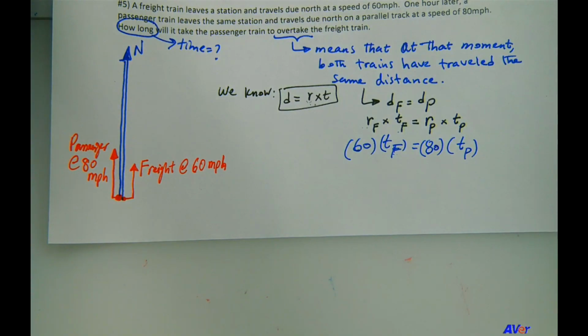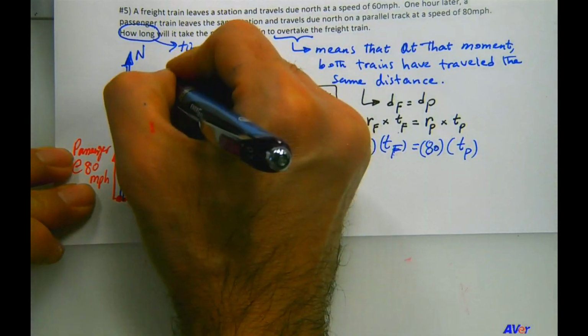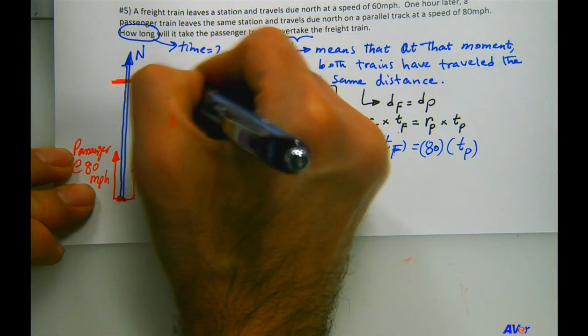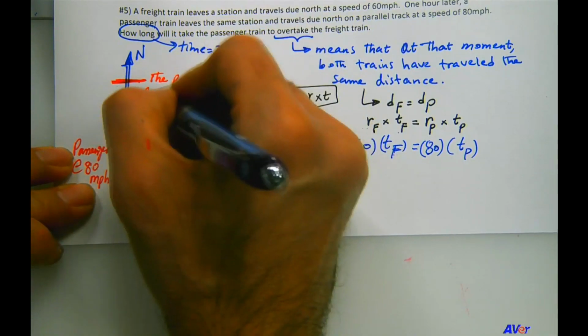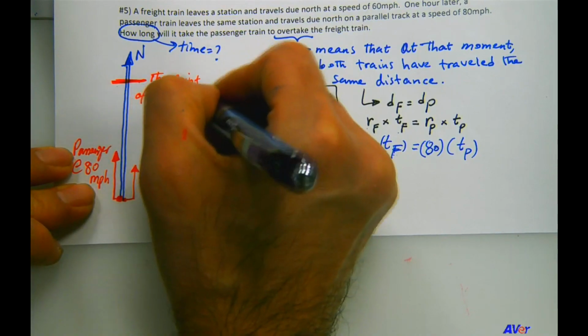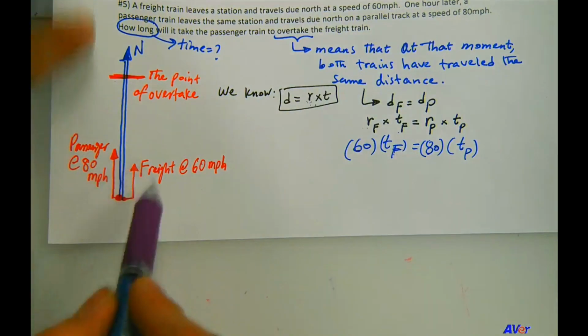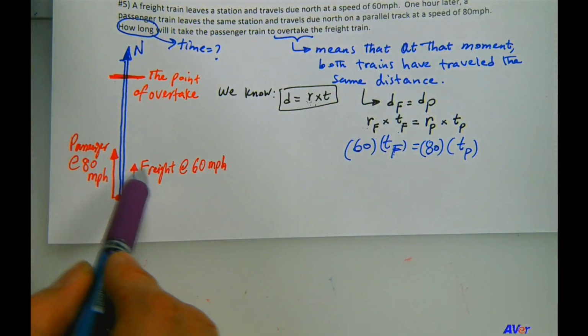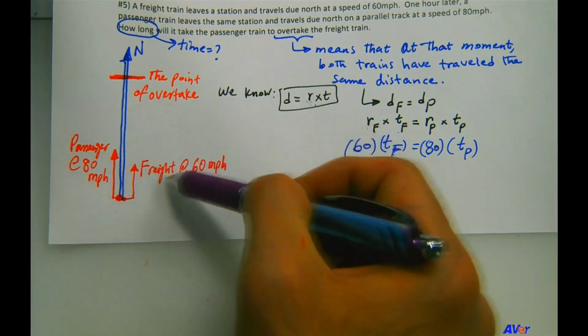Let's say it's sometime here, right? Let's say that line is the point of overtake. At that point, the passenger train reaches the freight train. Okay? By that time, how long would this freight train have traveled?